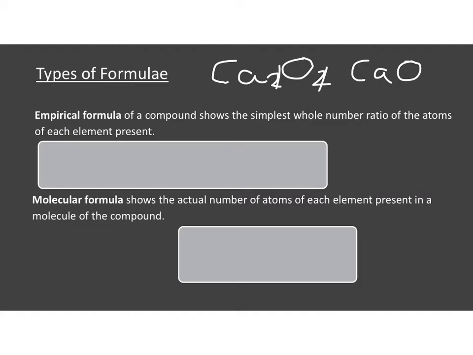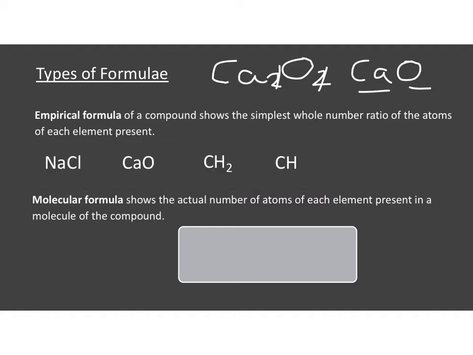When you think of what is actually happening in an ionic compound, you have billions of calcium 2+ ions in a lattice with oxide ions. So rather than actually say how many are in that solid, we just say what's the ratio between them, and we know that for every calcium ion in the compound, we will have one oxide ion in the compound.